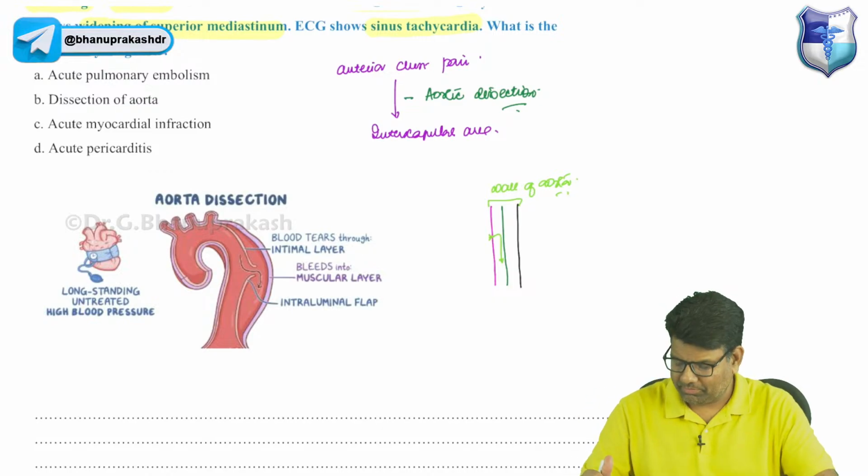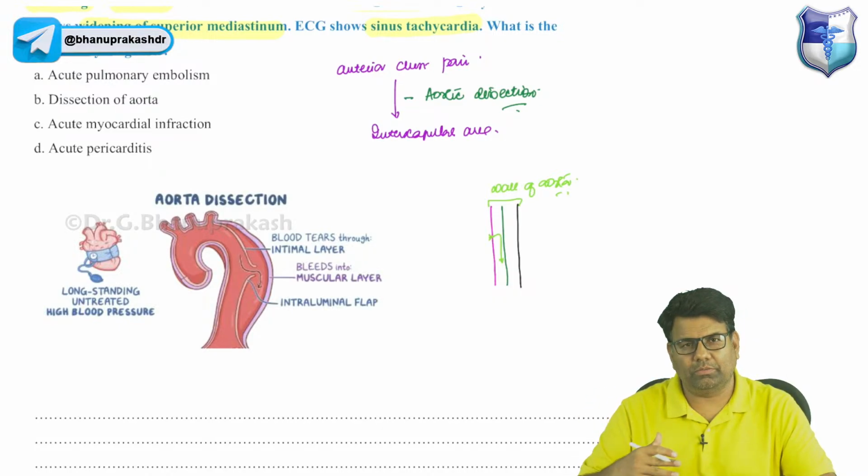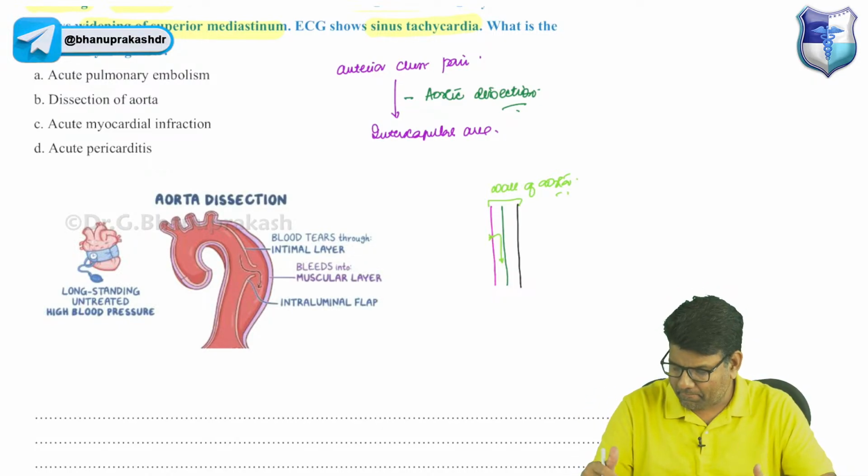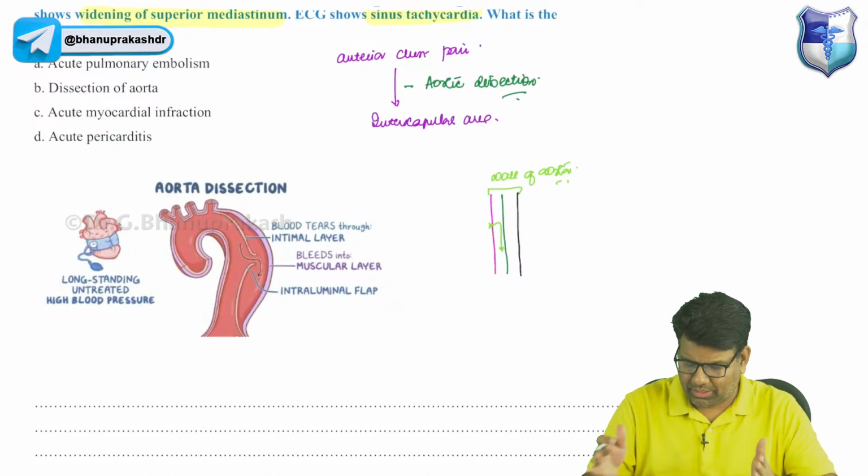Dissection means just separating. So the velocity of the blood is so high, it just tears apart.